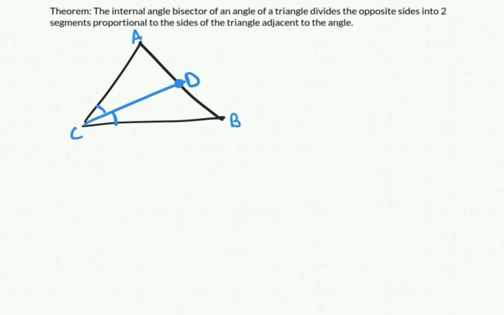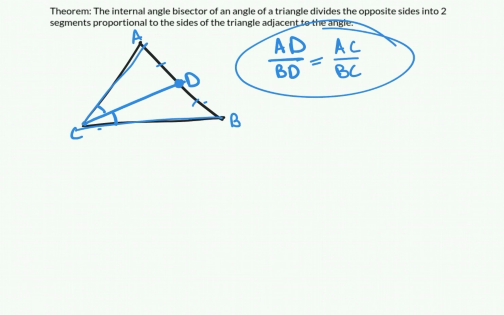So what we're claiming here is that the ratio between AD and BD, so the ratio of here to here, must be the same as the ratio of AC to BC, the sides adjacent to the angle. Okay?